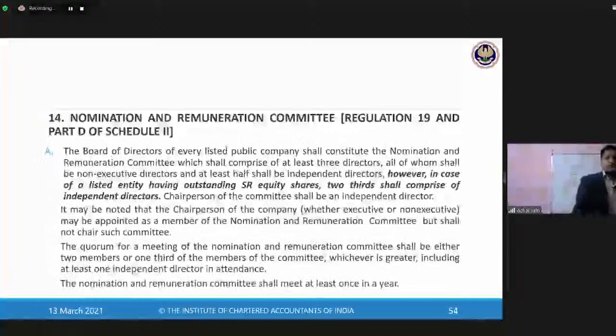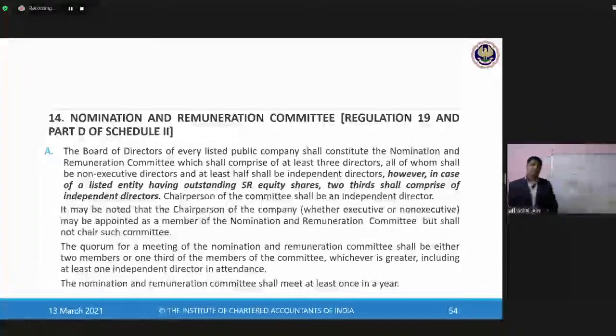Moving further on to the next type of committee. So we discussed, if you remember, the audit committee, and we discussed the board of directors. Similarly, listed companies will also have another type of committee. What is this committee known as? Nomination and Remuneration Committee.